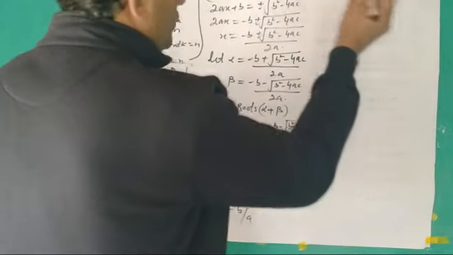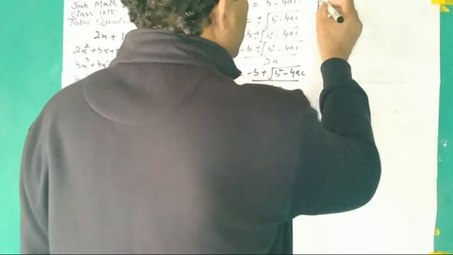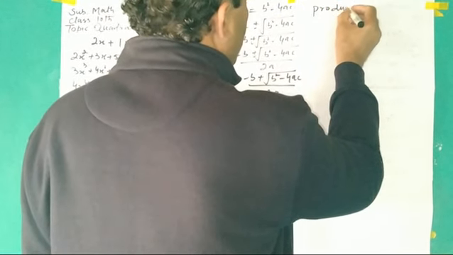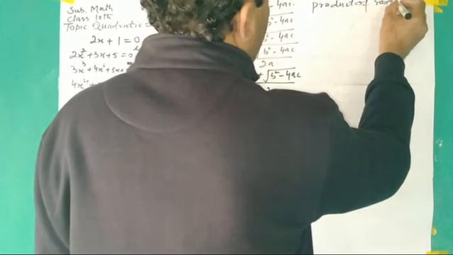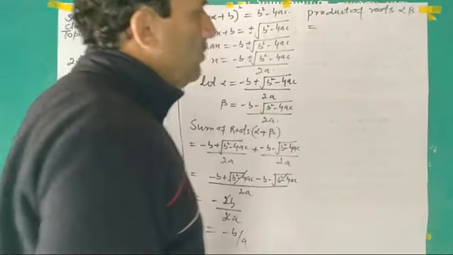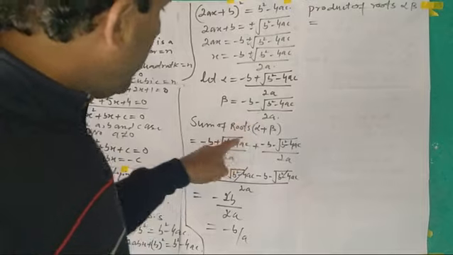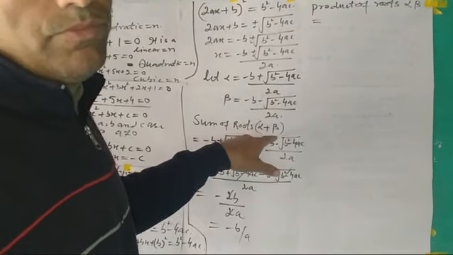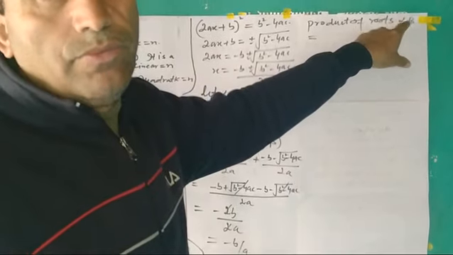Same is the case, we have to write here product of roots. Product of roots, that is alpha into beta. So we have to multiply the value of alpha into beta. Here we have to sum alpha plus beta, but here we have to multiply alpha into beta.